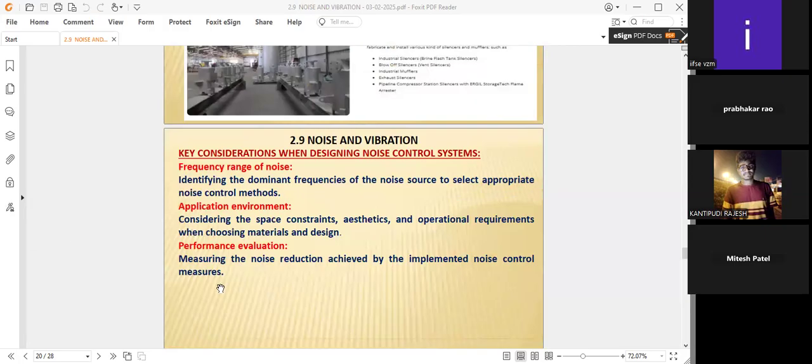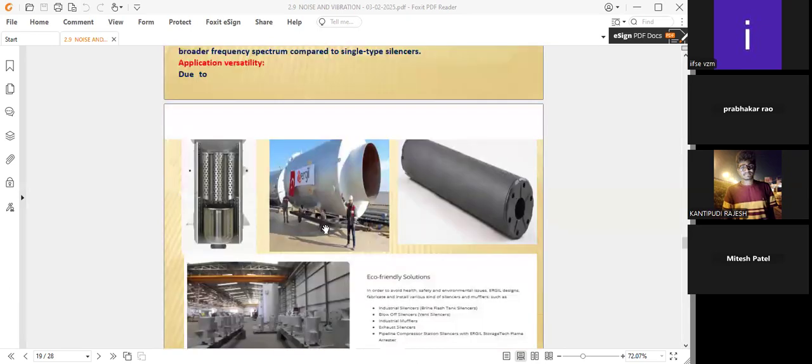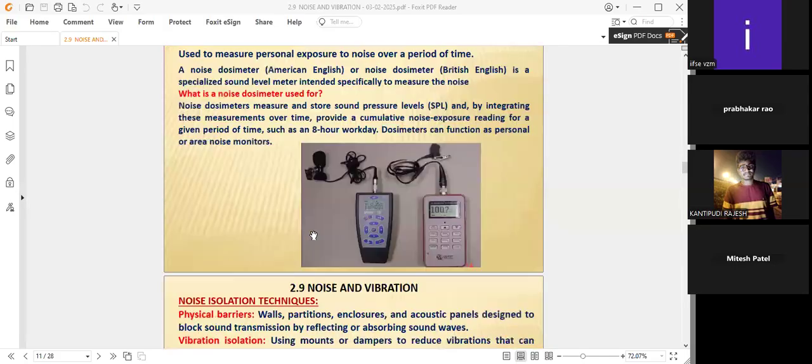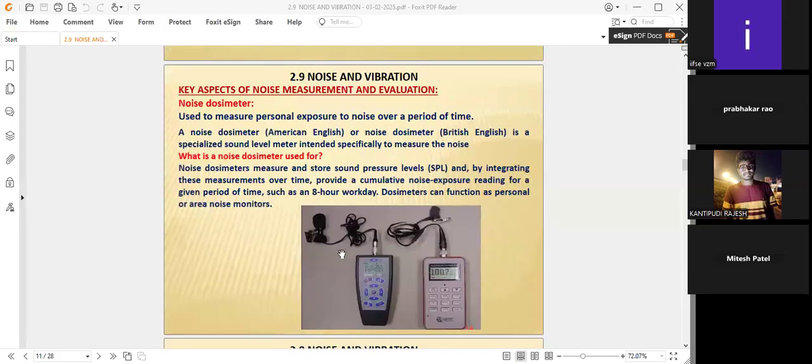How do you measure the performance evaluation? Measure the noise reduction achieved by the implemented noise control system. For example, as already told, if the dosimeter is there continuously for 24 hours, we can see what the noise levels are.